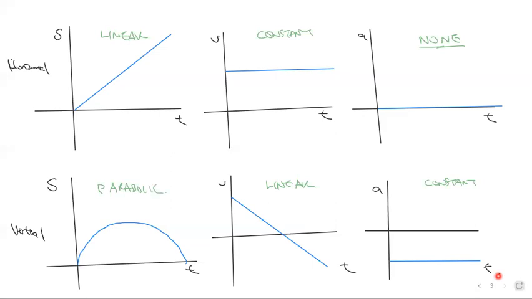This, of course, is at negative g. If you solve, you can get this point in time, which would be v sin theta over g. And this, of course, is 0. This is ux, which is v cos theta, which means this gradient is v cos theta.